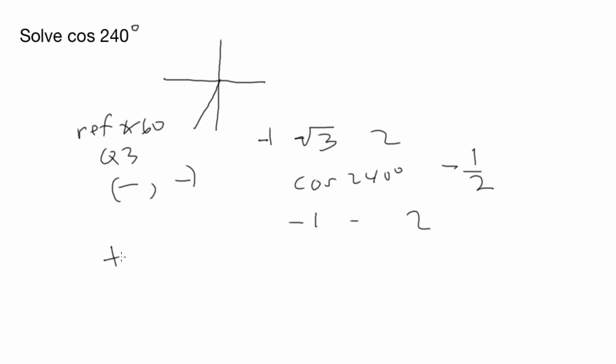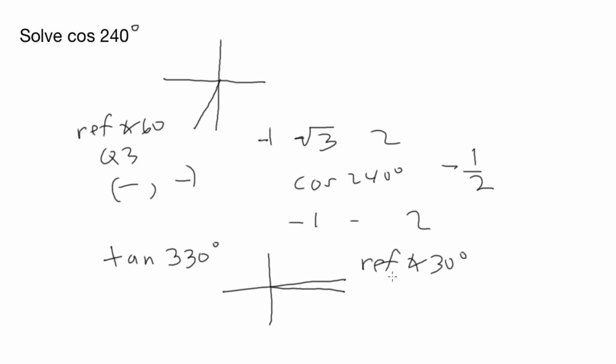Let's say tan of 330. Okay? You should see it's going to be somewhere over here. The reference angle is 30 degrees. Quadrant 4. The triple for 30 is radical 3, 1, 2.